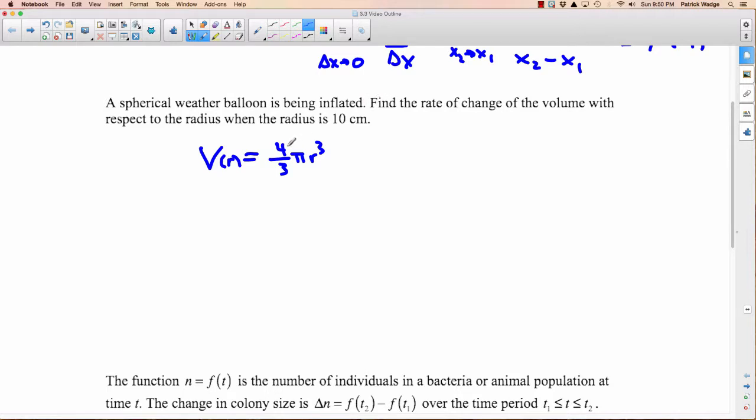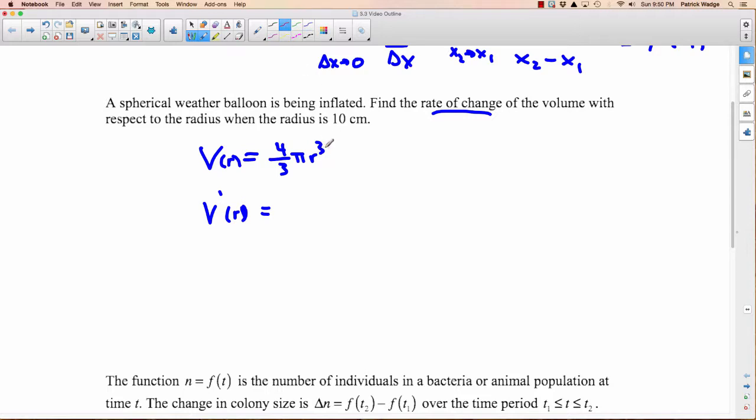If we want to find the rate of change of the volume, we just take the derivative of this. Take V prime in terms of r. So this whole 4/3 pi is just like a constant amount. We have r cubed, so we're just going to use the power rule here.